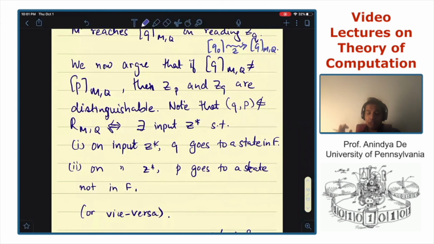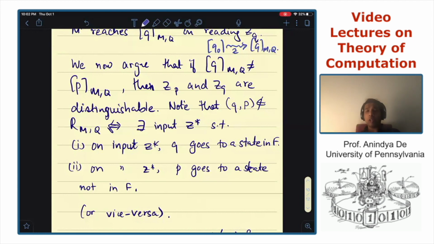Well, note that q and p are in different equivalence classes with respect to R_{M,q}. What does that mean? That means that there's an input z star such that if you start from q and read this input z star, you go to an accepting state, and if you start from p and you read the input z star, you go to a state not in F, or vice versa.